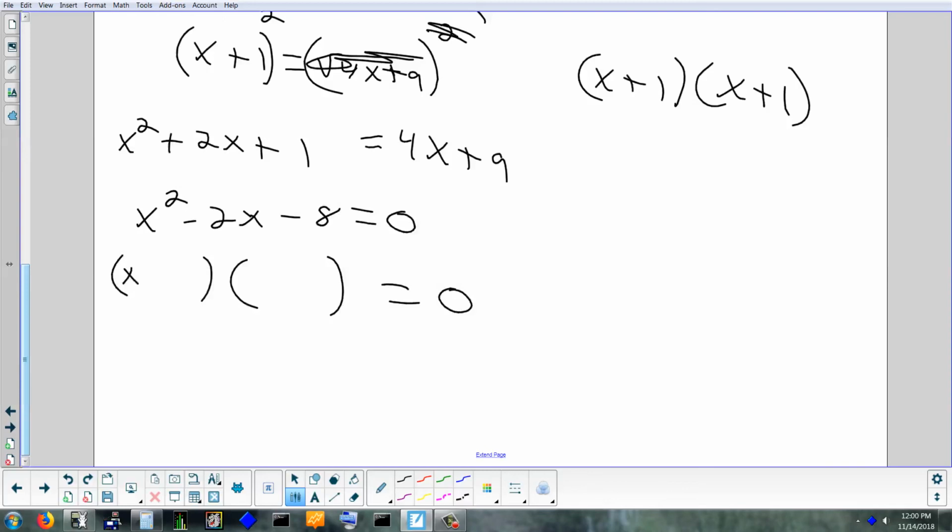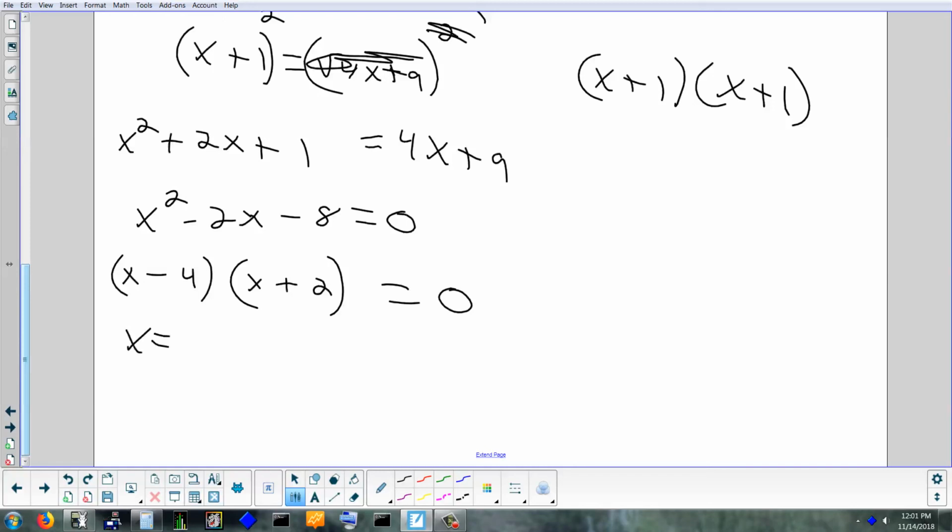So we're going to have an x and an x, 4 and a 2. And my signs are going to be plus minus. Let's try plus minus. X squared plus 2x minus 4x. Yeah. Looks good.